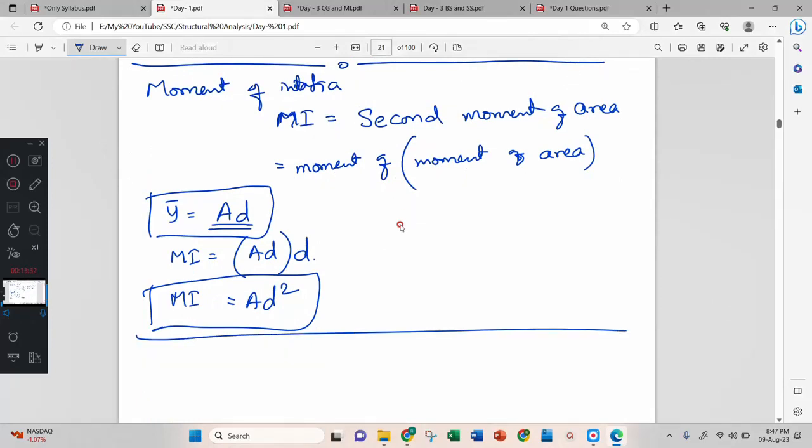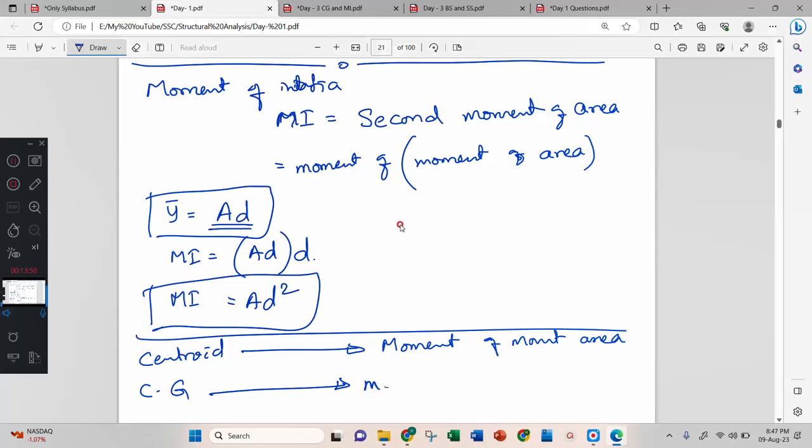Now we have centroid also and center of gravity also, right? Corresponding to centroid, we will be having moment of area. Then corresponding to center of gravity, we will be having moment of mass.